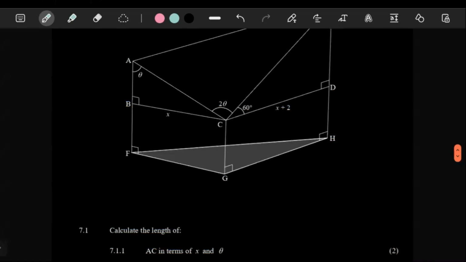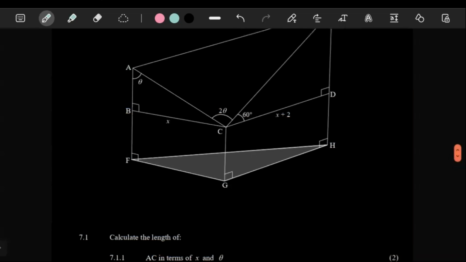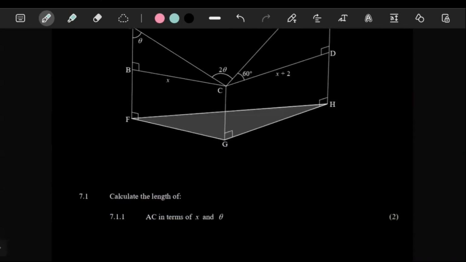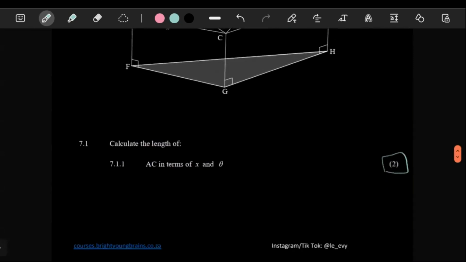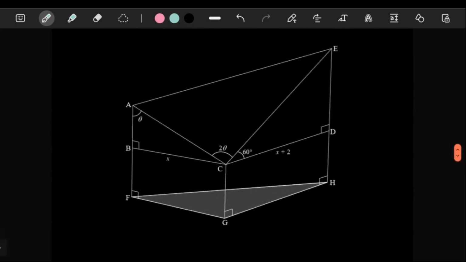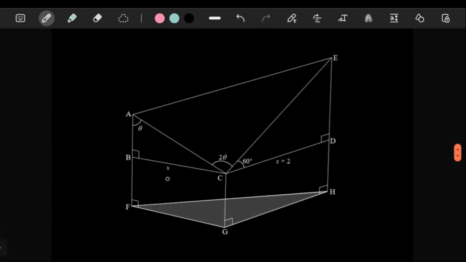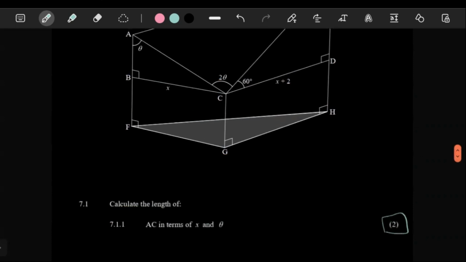Fortunately, calculating the length of AC in terms of x is not going to be a hassle, mainly because it's a 2-mark question. We have x over here and we have theta over there. They say we can write it in terms of x and theta.